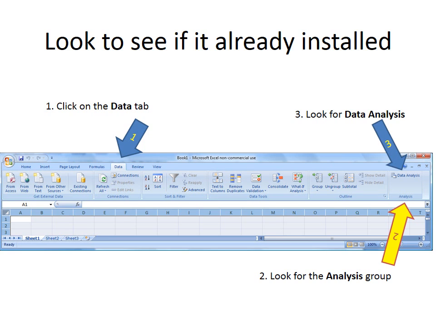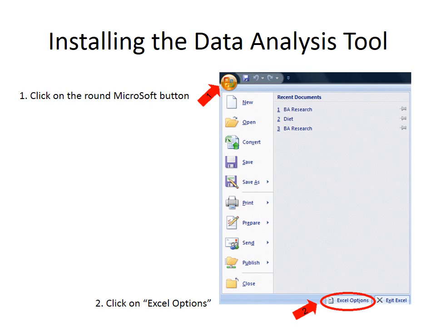If it's there, you're done. Stop this video. You don't need to install it. If you don't have the analysis group, or if you have the analysis group but don't have data analysis in it, here's how we install it.